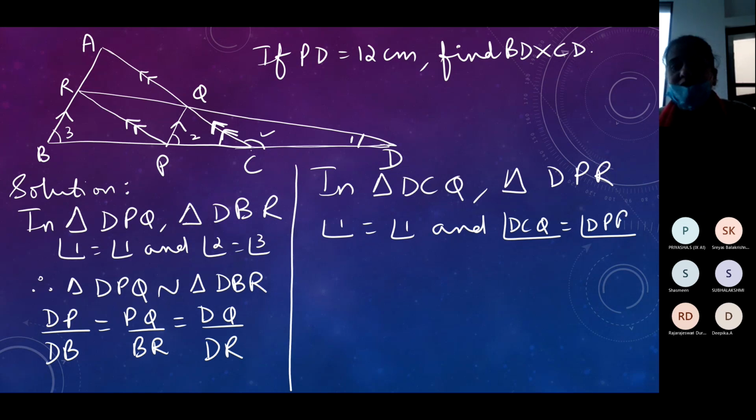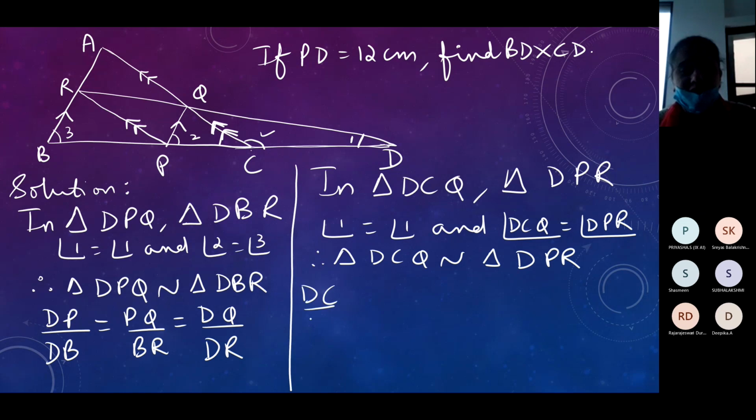Corresponding angles are equal. So therefore triangle DCQ is similar to triangle DPR, and proportion... very good.